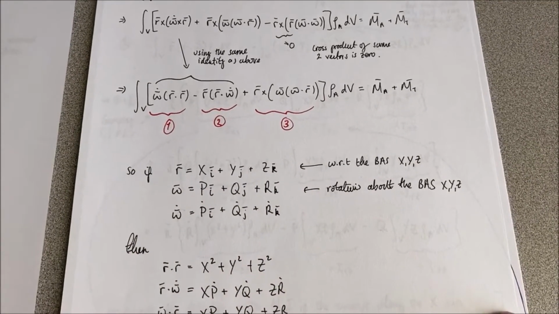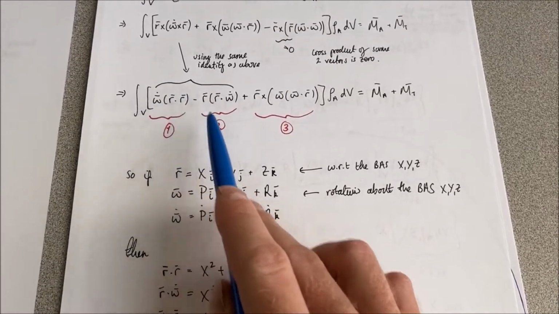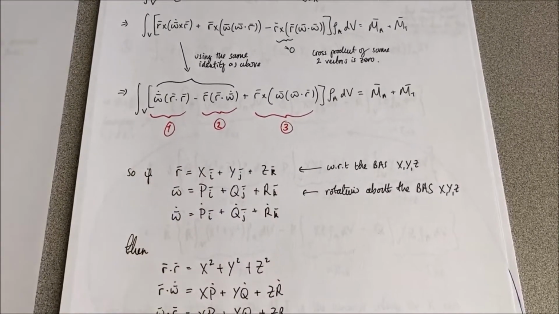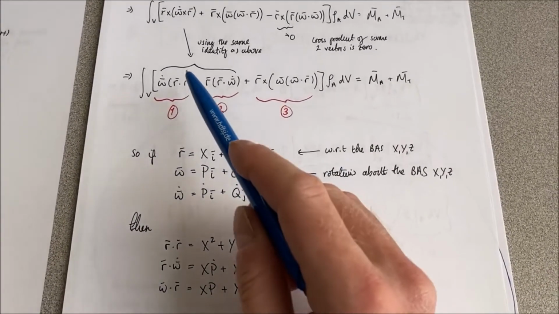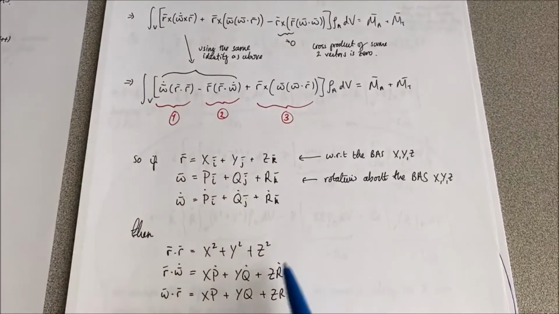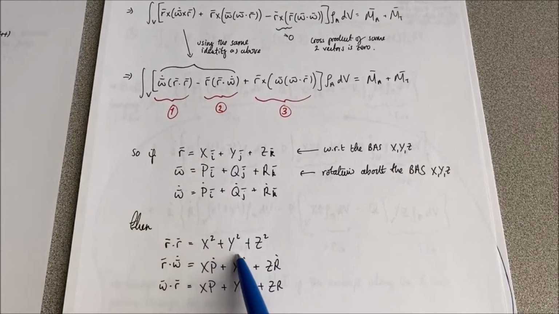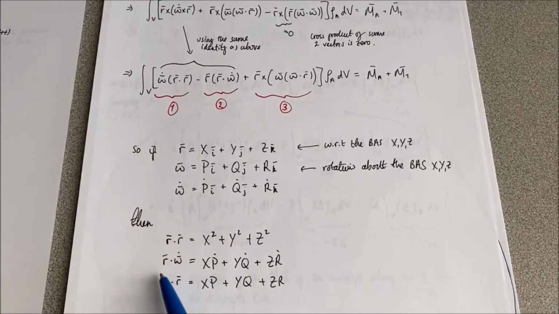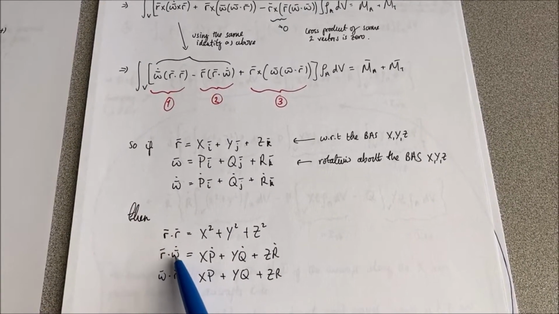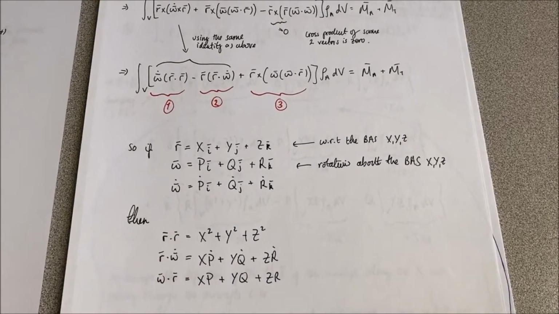Then we can just calculate our little individual dot products from in here. So r dotted with r is just the dot product of this with itself, so x squared plus y squared plus z squared. R bar dotted with omega bar dot is this, and so on.